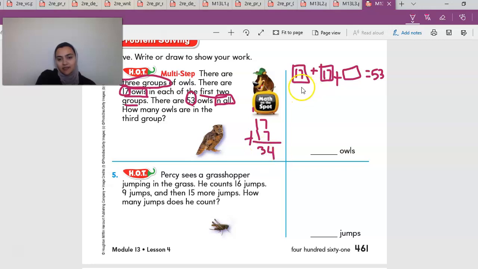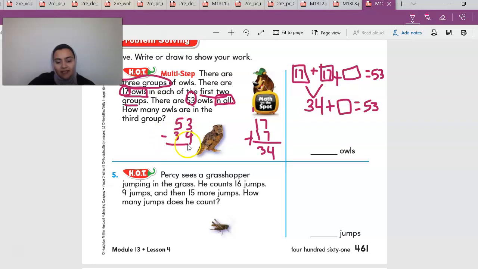So these 2 make 34. Your new number sentence is 34 plus what equals 53. To solve the what, you do the opposite of addition, which is subtraction. So you subtract 53 take away 34 to find out what goes in that empty box.